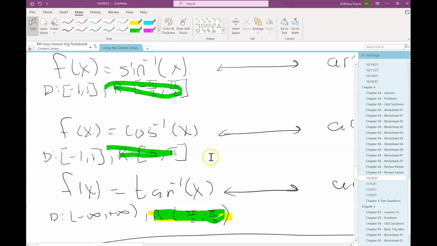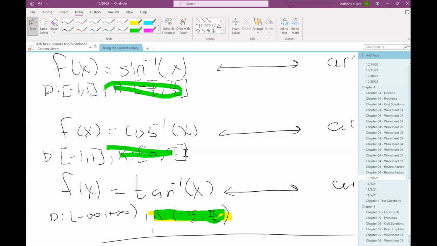So we're using arc cosine, so we use 0 to pi. Is that okay? Yep. So again, those are 3 that you definitely want to make sure you remember, because we use those a fair bit.